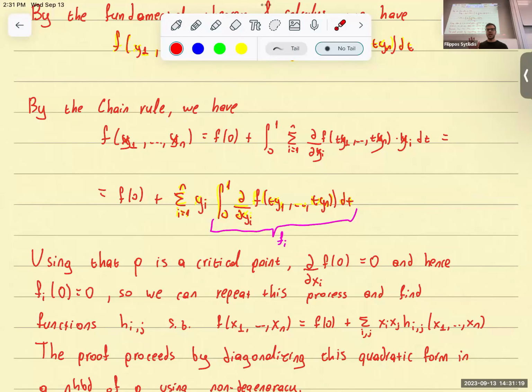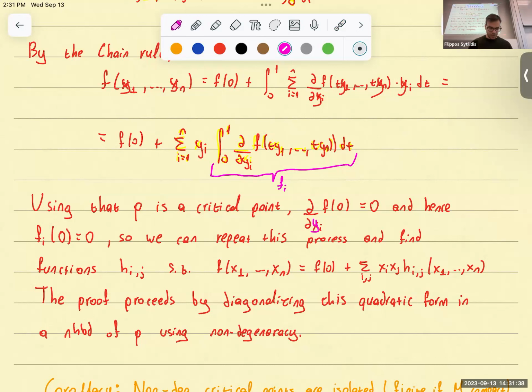But here we haven't actually used anything about P being a critical point. That's true for any point in your manifold; you can do this trick. Now we're going to use that P is a critical point. P being a critical point means that all these partial derivatives at 0 are 0. So that means that my ith chosen function at 0 takes the value 0.